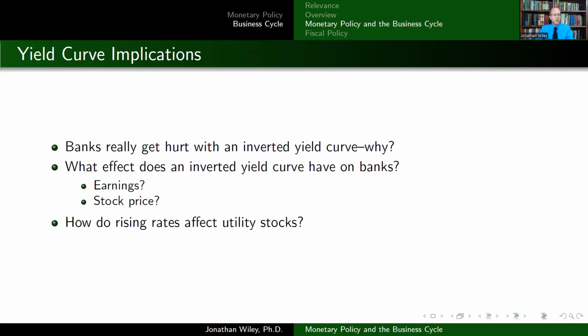So if I have an inverted yield curve, this tends to really depress the earnings for the bank because it's much harder for the bank to make money in that situation. And if the earnings go way down, that tends to cause the stock price to drop quite a bit. On the other hand, if the yield curve reverts to being steeply normal, so the short-term rates get dropped a whole bunch, then the banks have those existing loan portfolios with those longer-term rates.